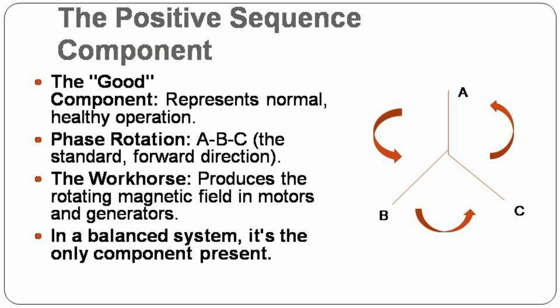And crucially, its phase rotation is the standard forward ABC sequence. This is the component that does all the useful work. It is the one that creates the smooth, rotating magnetic field in induction motors, causing them to spin, and it's what generators are designed to produce. In fact, if you have a perfectly balanced system, the positive sequence is the only component you have, as it is the fundamental building block.